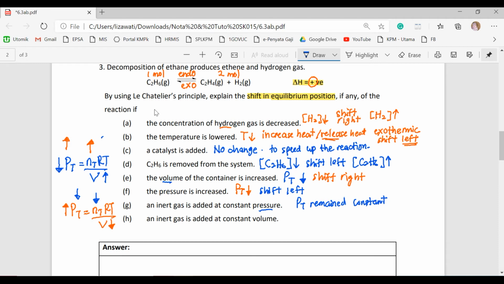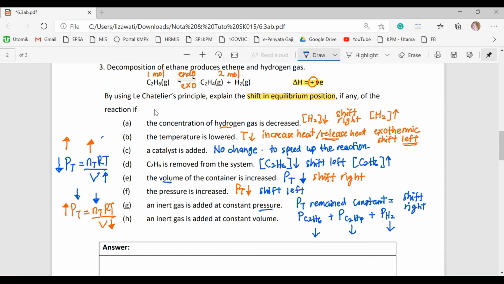Therefore, the partial pressure of each gas, which means the partial pressure of C2H6, C2H4 and H2, each one of these will decrease. So in order to increase the pressure, it will shift to the side that has the greater number of moles. So it will shift to the right.